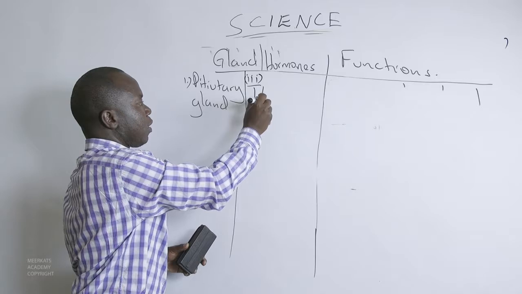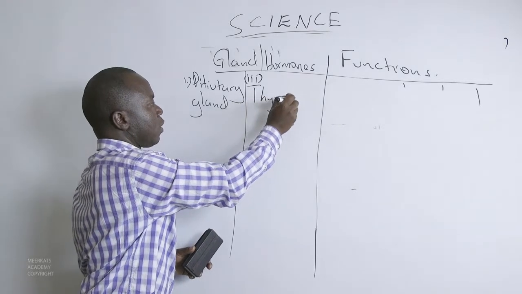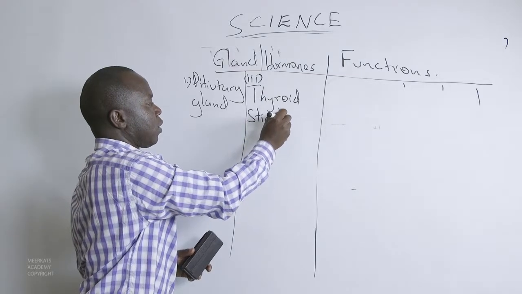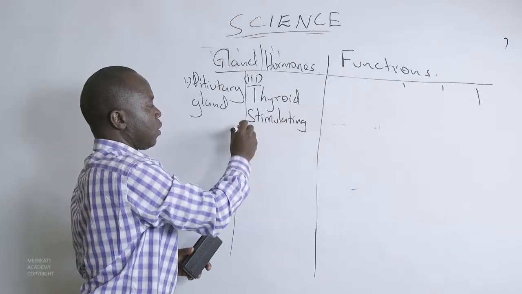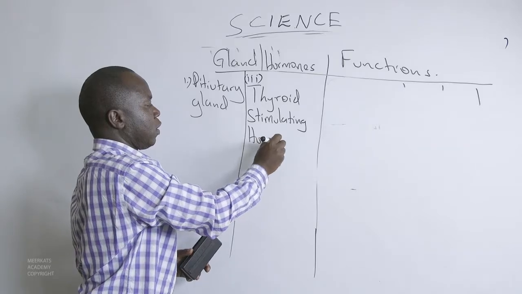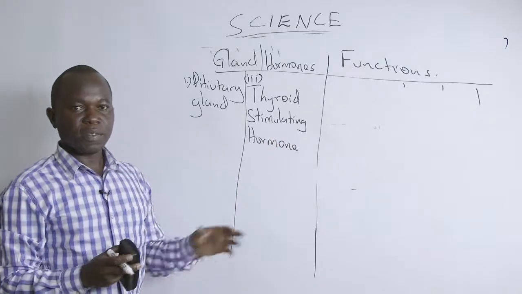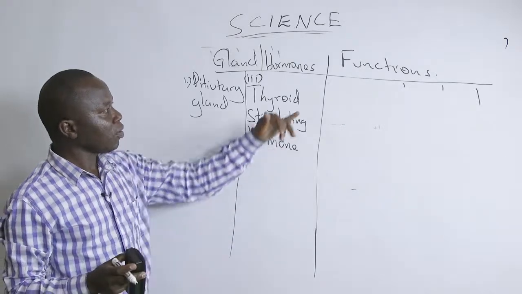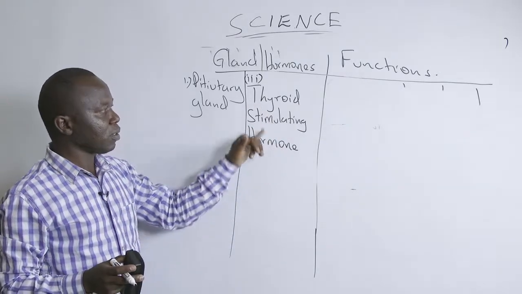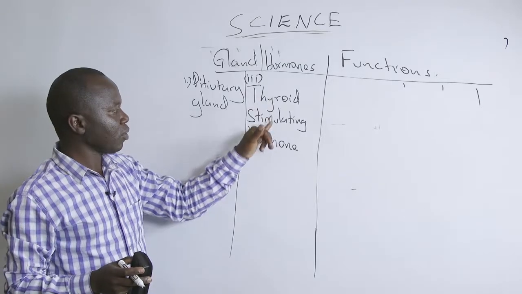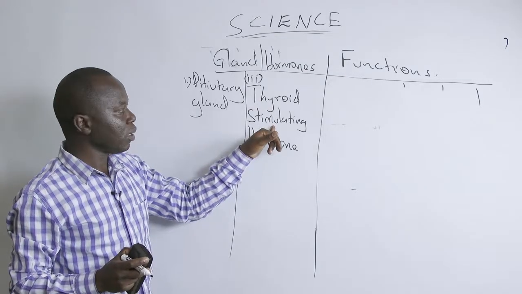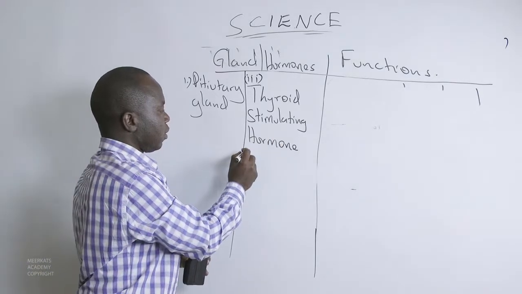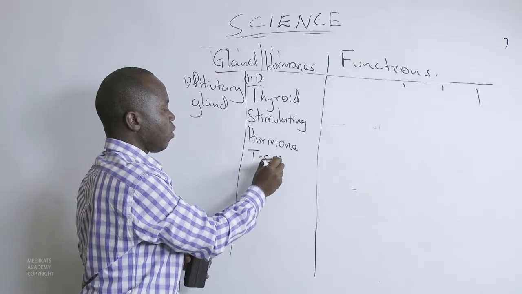Some of the names of these hormones can easily tell you what they are going to do. Thyroid stimulating hormone means it stimulates the thyroid.